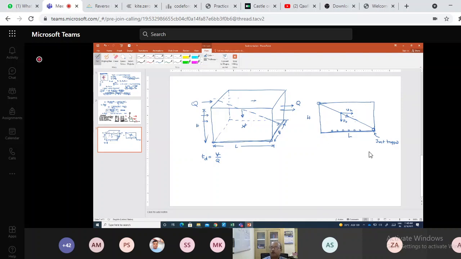Now, what is the horizontal velocity? Vh is nothing but you have Q going in, and you just consider a cross section from here.